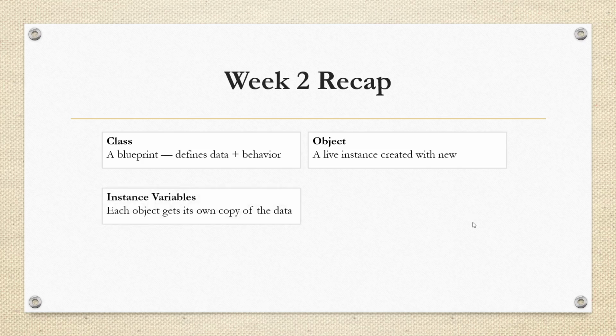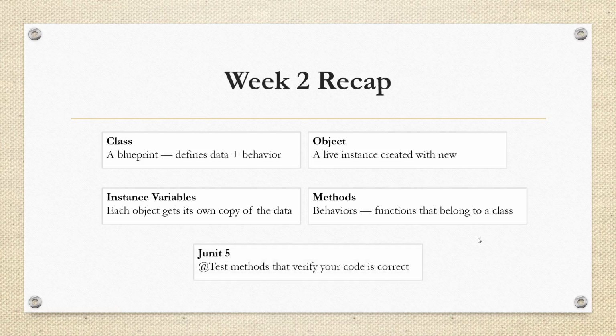We talked about instance variables, where our objects get copies of their own data. Then we also talked about methods, which define what an object can actually do. Lastly, we ended with JUnit 5 tests, where we use the @Test annotation to write test methods that helped us verify that our code was working the way we wanted it to work.